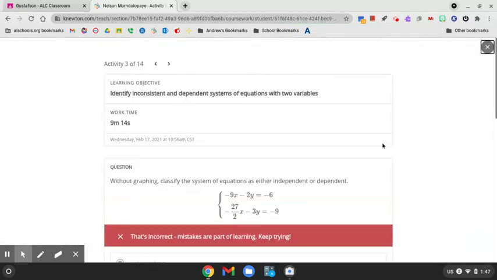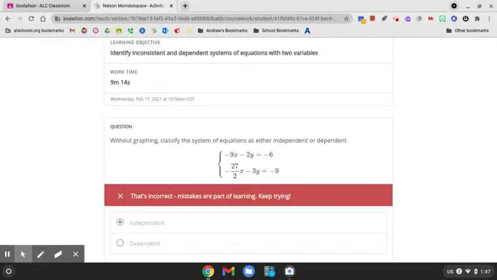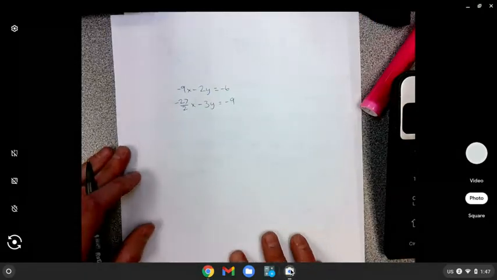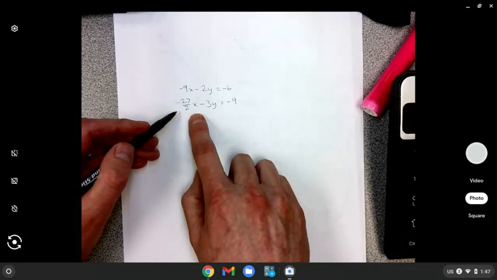Okay, I'm trying to decide, is it independent or dependent? So I'm going to write it down quick. I'm going to go through it fairly fast. 27 over 2x, take away 3y. All right, so I've got this.